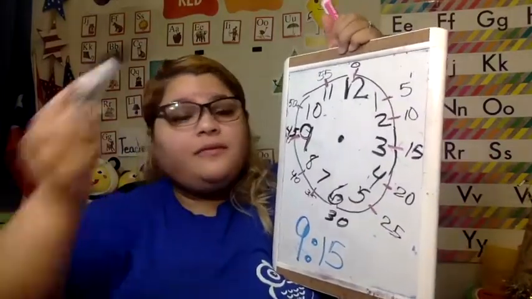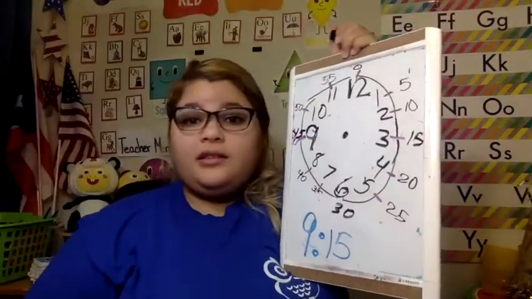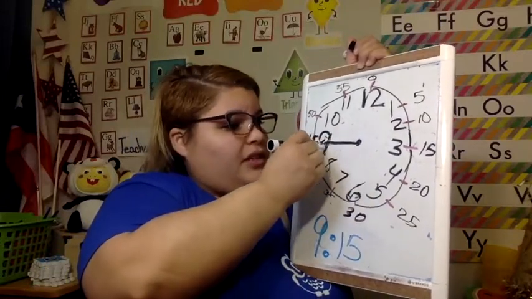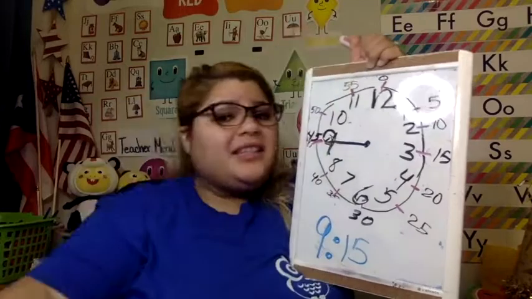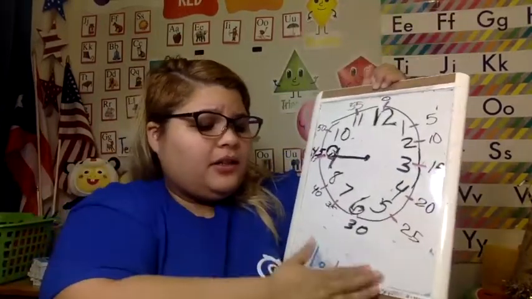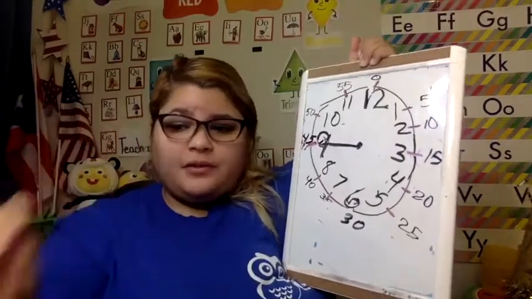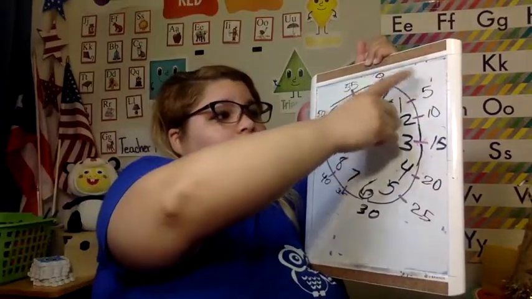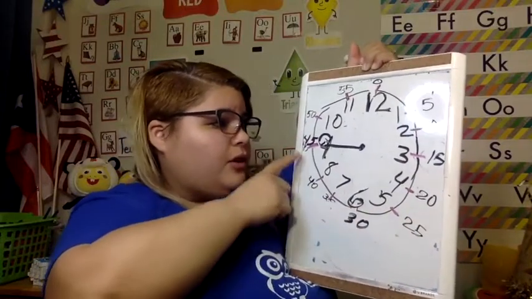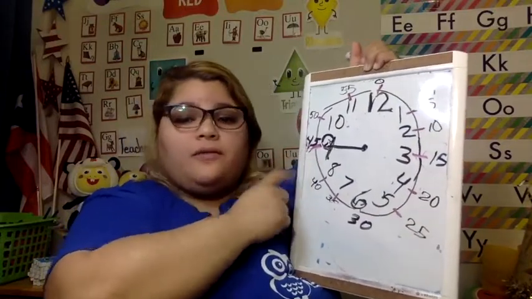What happens if the long hand is touching the 9? It's the same idea. Minutes will always be counted by 5s. You have 5, 10, 15, 20, 25, 30, 35, 40, 45. 45 minutes.